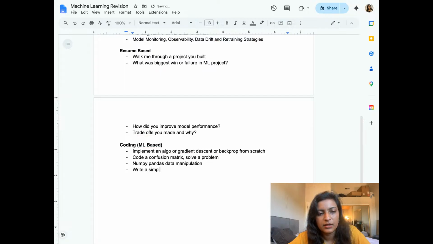Write a simple neural network in PyTorch, Keras, or more.